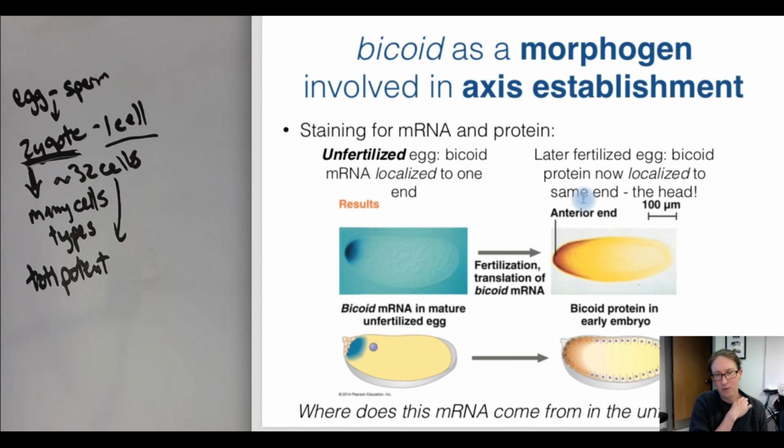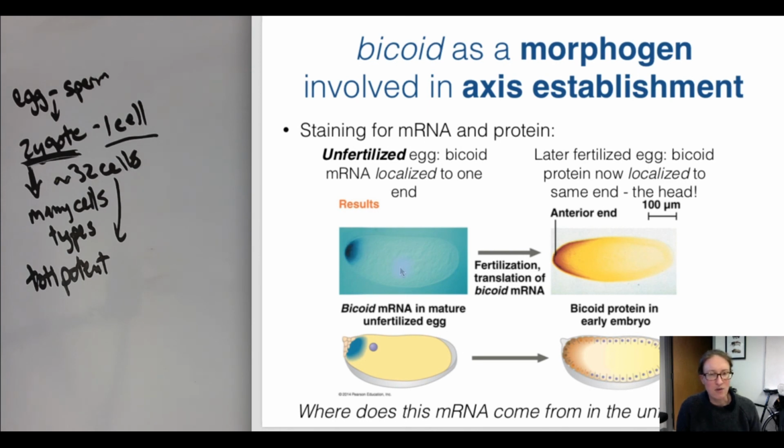So if you do that for the bicoid gene and you stain for messenger RNA, what you discover is you can find the messenger RNA actually in an unfertilized fly egg. And even more than that, it's only found in one specific spot in that unfertilized fly egg. It's in one end. So before this egg is fertilized, it's got messenger RNA for the bicoid protein.